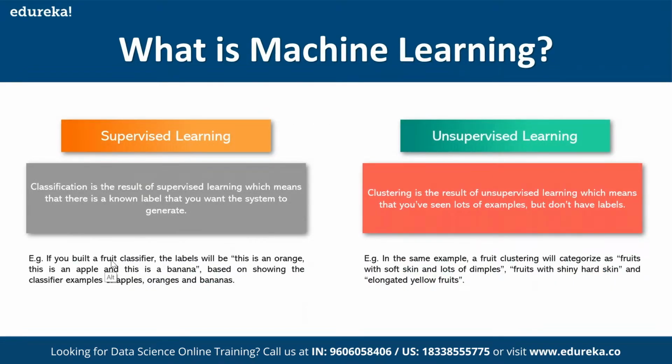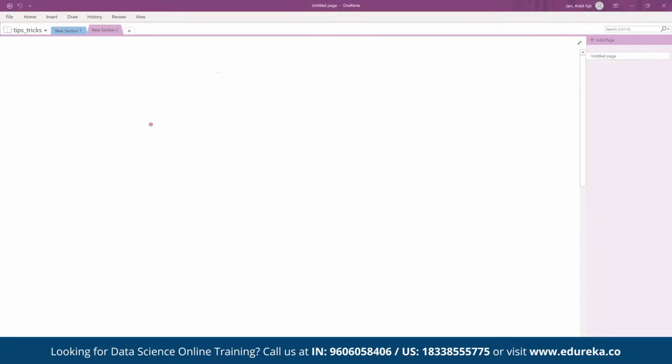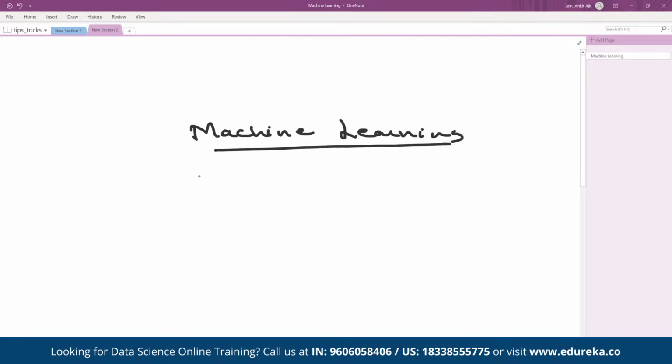So if I may explain you, basically, machine learning is a way to create AI. Is it clear? Machine learning is one of the methods through which we will create AI, that is artificial intelligence.